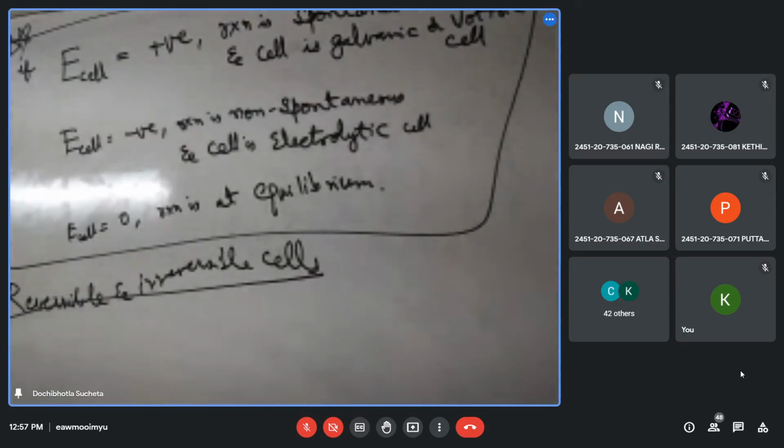The cells in which the cell reaction proceeds reversibly are called reversible cells.